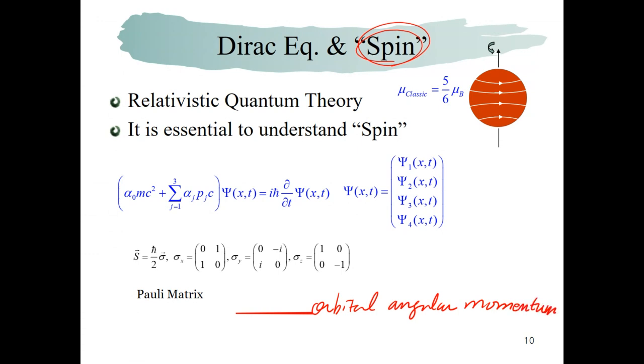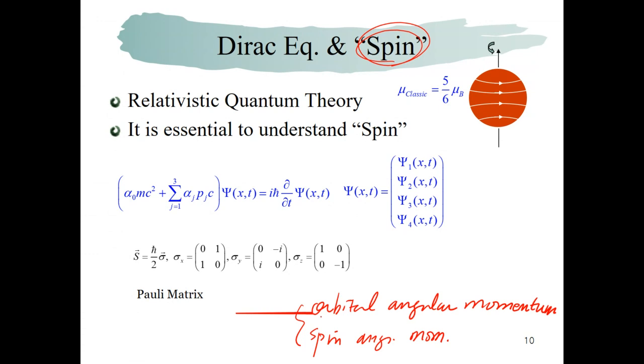This orbital angular momentum is related to the orbital motion, but the spin angular momentum is the intrinsic angular momentum of the electron. And those two coexist in electrons in a metallic system.